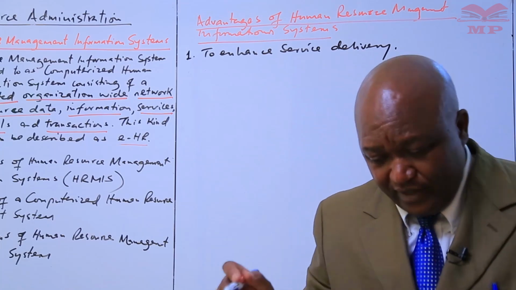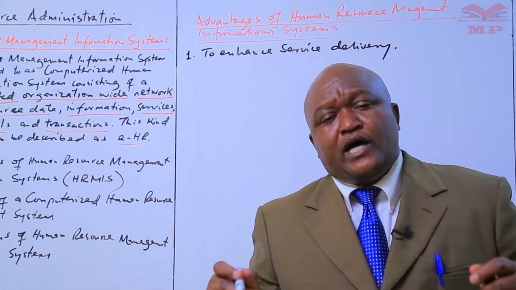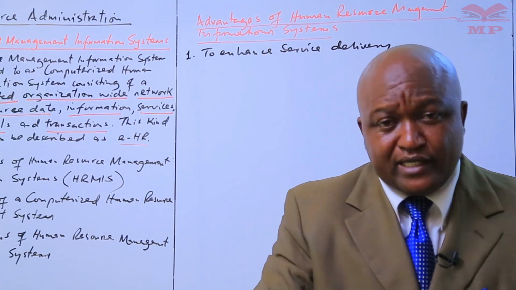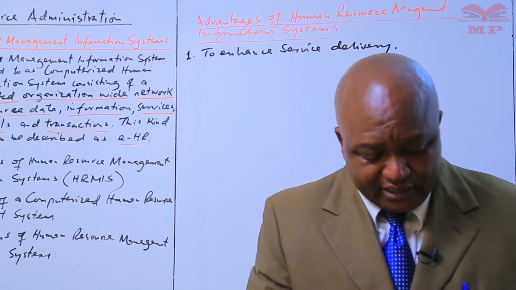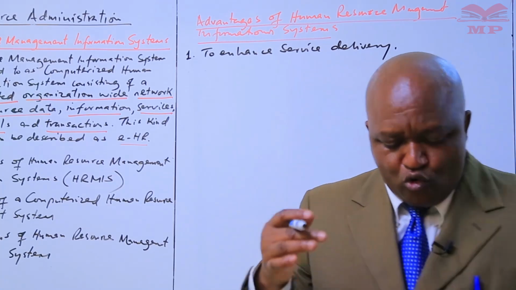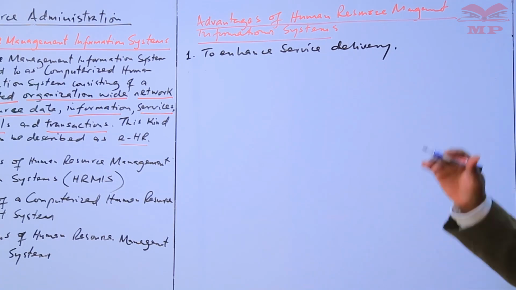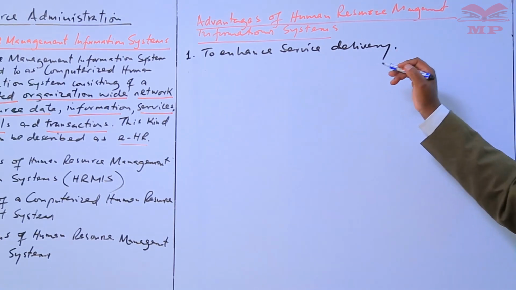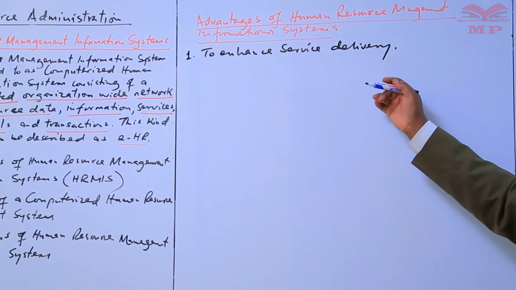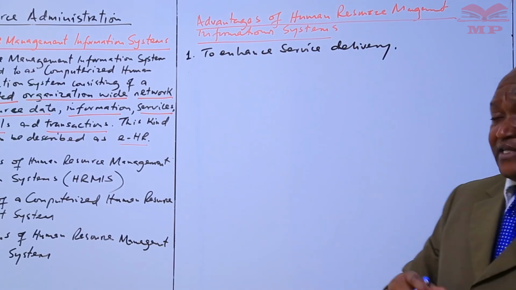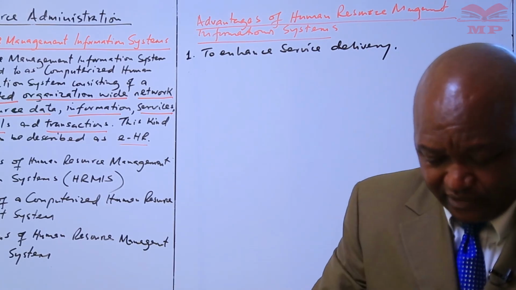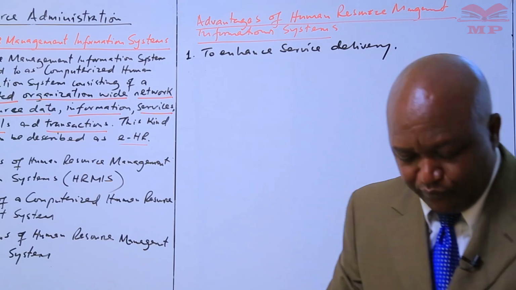If you have an integrated human resource system, you could be here in Nairobi or in Mombasa, but making a decision affecting an employee who could be even in a far-off environment. That is one of the reasons why a human resource management information system can enhance the service delivery given in relation to what human resource is supposed to do.